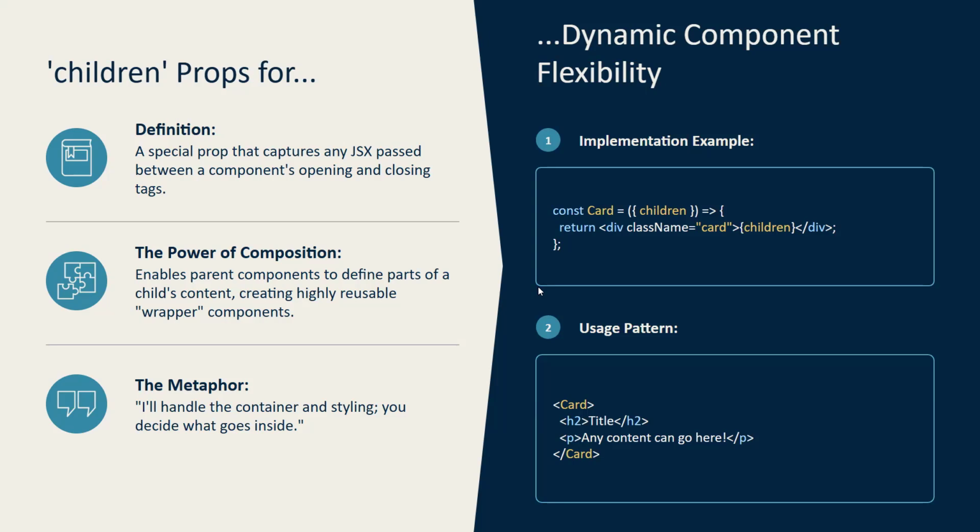A simple metaphor to understand is: I will handle the structure and styling, and you decide what goes inside. On the right, you can see that the card component returns a wrapper with the card class and renders the children inside it. Then, in the usage example, we can place a title, a paragraph, or really any JSX code inside that card.